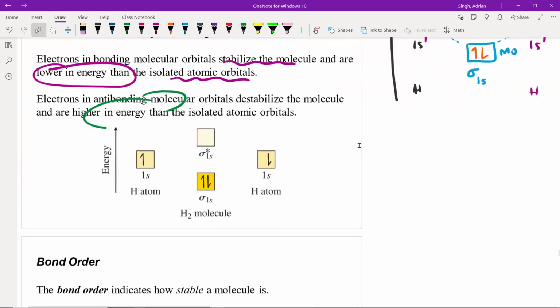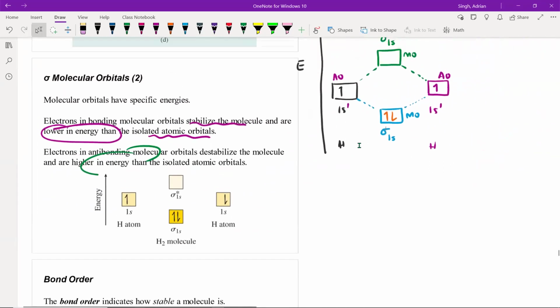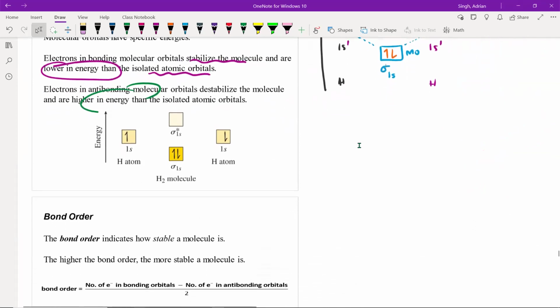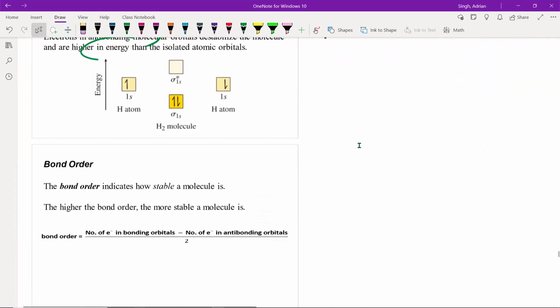So when we start looking at the electrons that we put into the bonding and the anti-bonding MOs, we can calculate something known as the bond order, which is an indication of how stable a molecule is going to be. We talked about stability being the driving force for lots of things in chemistry, and that's going to be the same situation here.